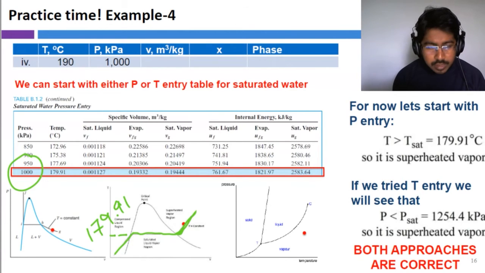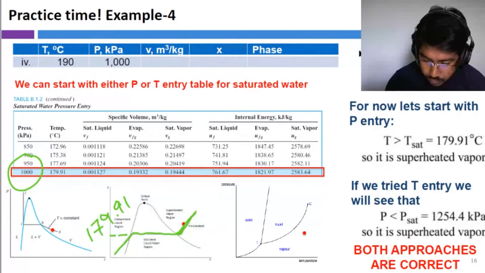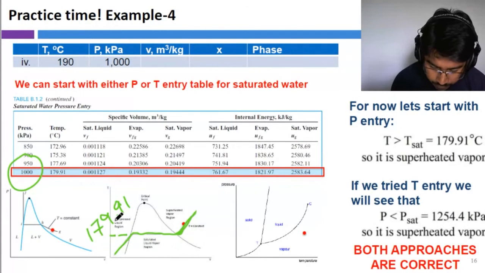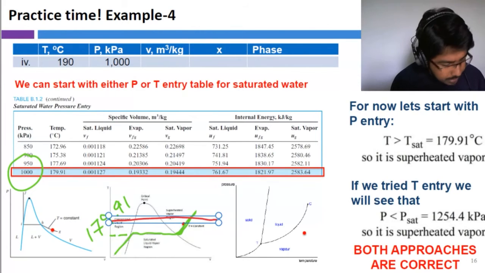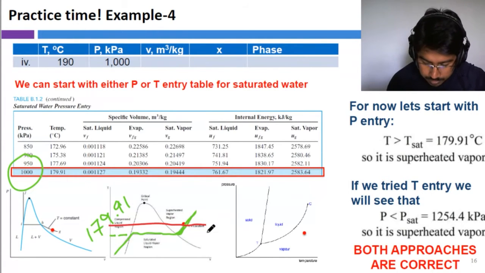I assume you are. And if you have any questions, please feel free to put that in. And now our temperature reading is 190. Right? So our temperature reading is 190. Now what we can do is try to draw a line at 190. This is 190. Right?